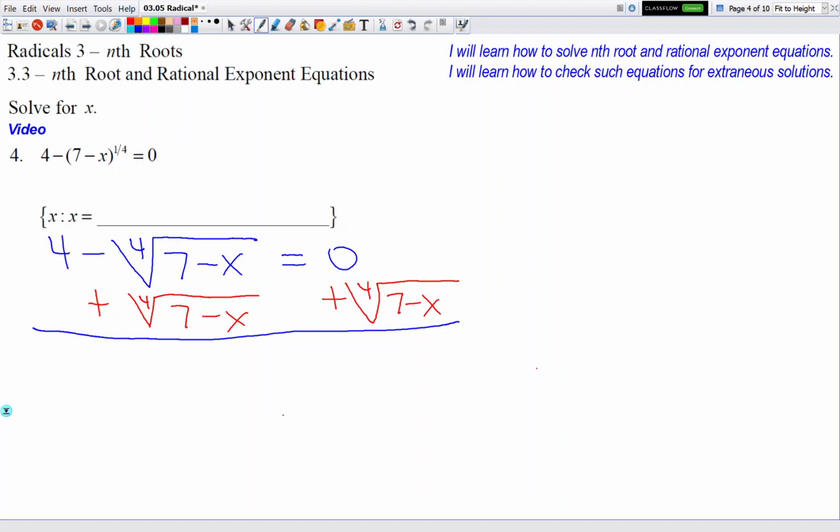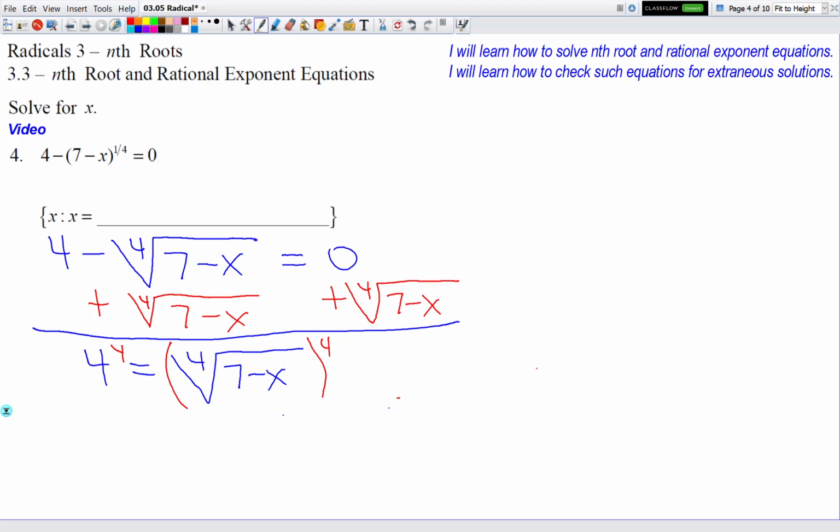Okay, so left side is 4. Right side is 4th root radical of 7 minus x. Okay, and now you're going to see that it's the same kind of steps that we just did in the previous problems. We're going to exponentiate both sides. And to get rid of that 4th root radical, we're going to do power of 4 on both sides.